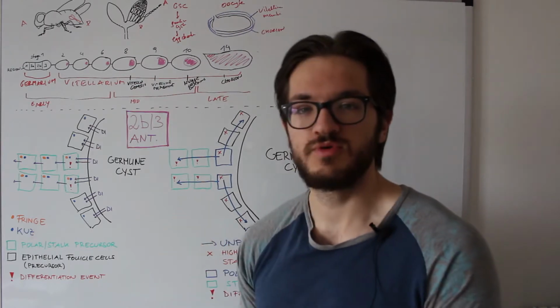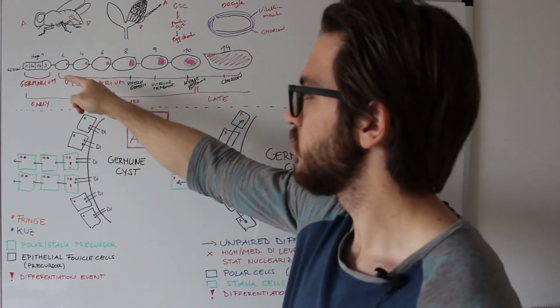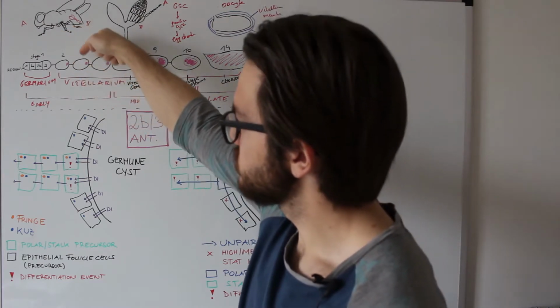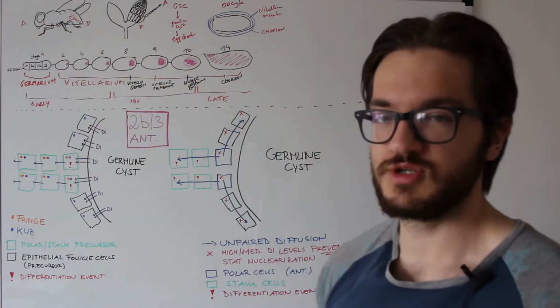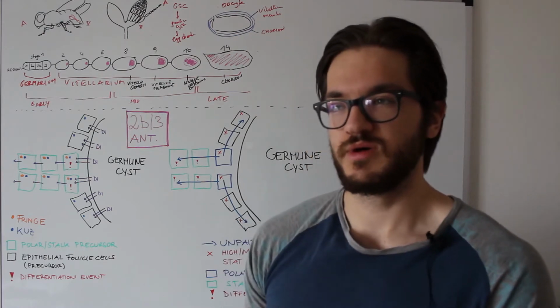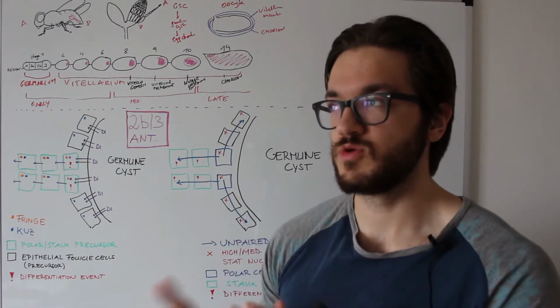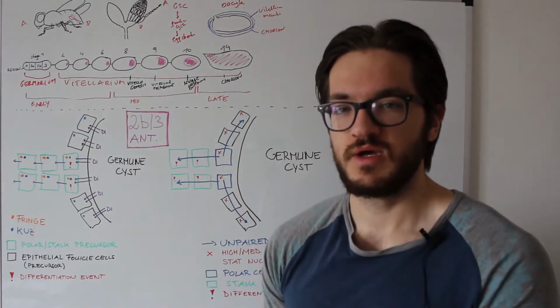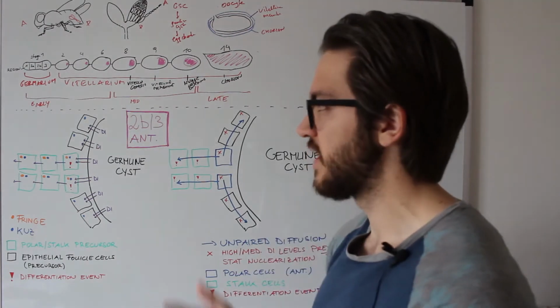So, very important, the posterior, more advanced egg chamber always signals to the newer, more anterior egg chamber and leads to the posterior localization of the oocyte and also to the sphere-shaped germline cyst rather than disc-shaped.